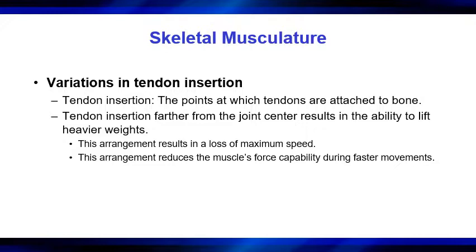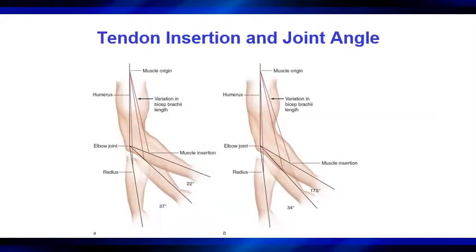Powerlifters, because they're so strong, can be explosive to a degree, but they don't have the explosive ability a basketball player would have, where maybe the tendons are a little closer to the joint and they get a bit more speed. That could dictate what you can be more successful with based upon your body type.